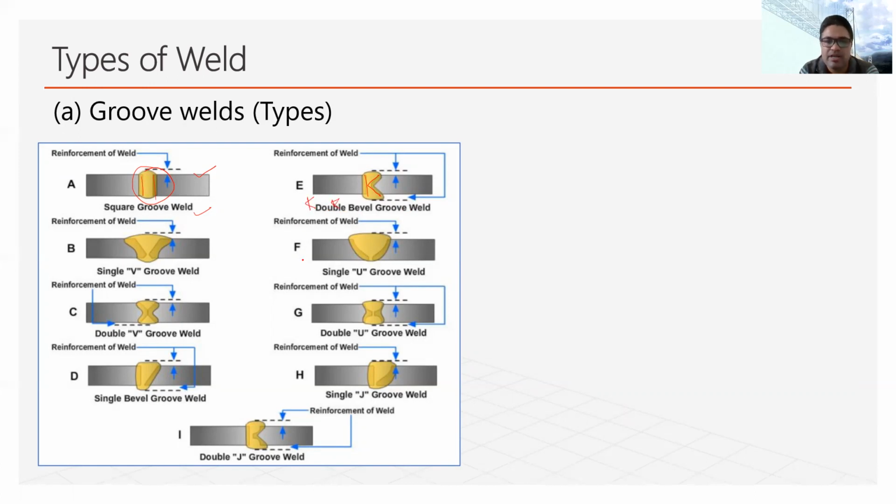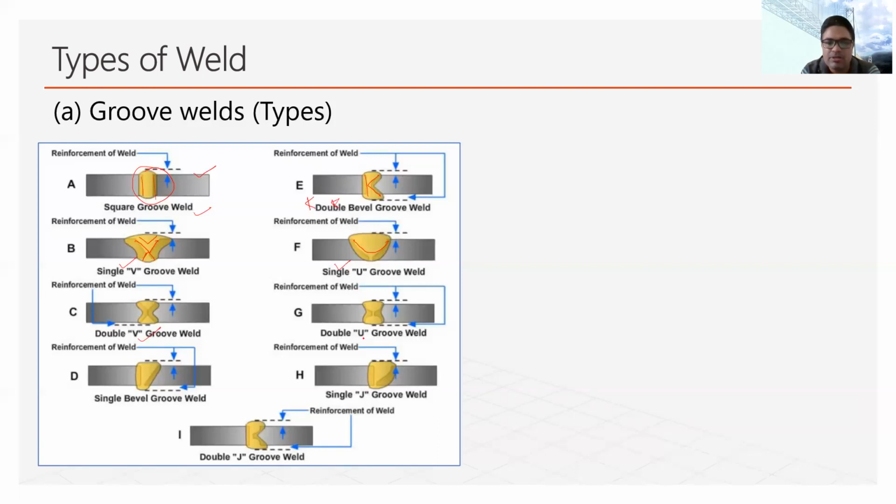Similarly, in this case, we can see a single V-like groove is made, and that is why it becomes single V. Similarly, this edge preparation is something like a U, so that is why it is called single U. Similarly, if we make a V groove on both sides, on the upper side and the lower side, then this will be called a double V groove joint.